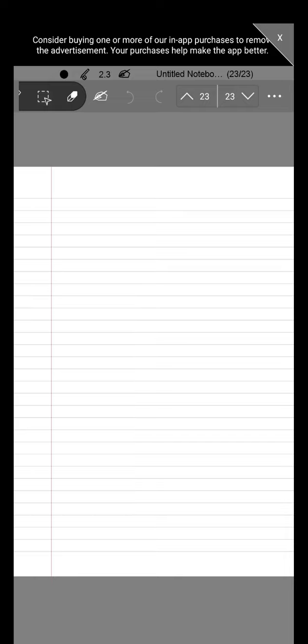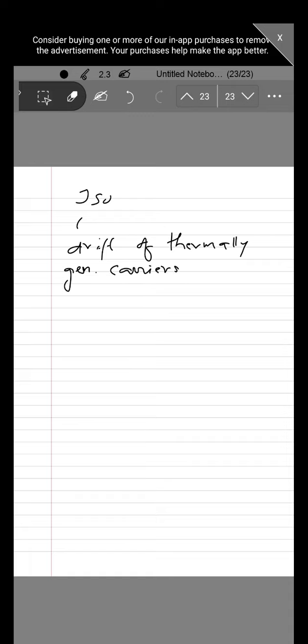And the current is generated by the drift of thermally generated carriers. So JSO or ISO is generated by the drift of thermally generated carriers in the depletion region.